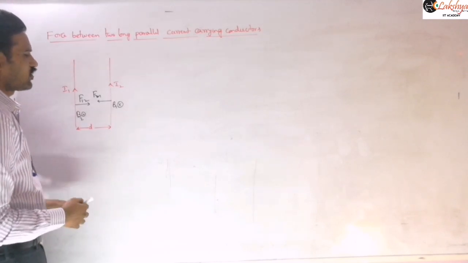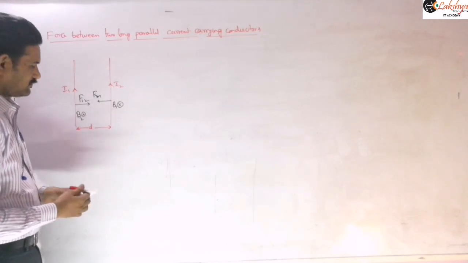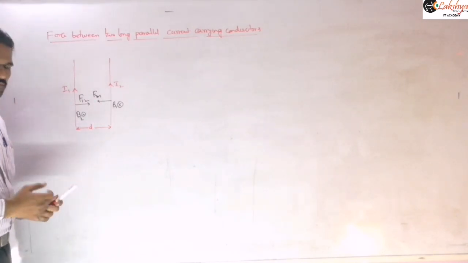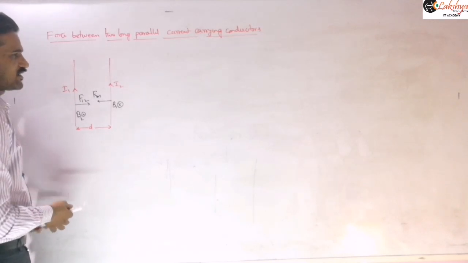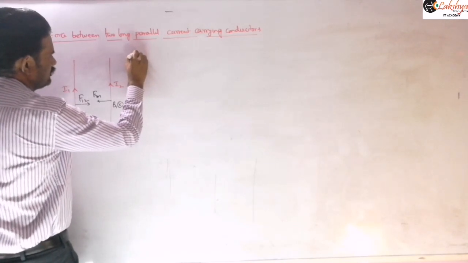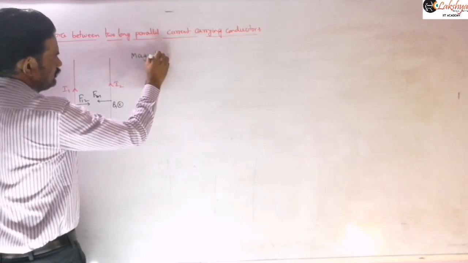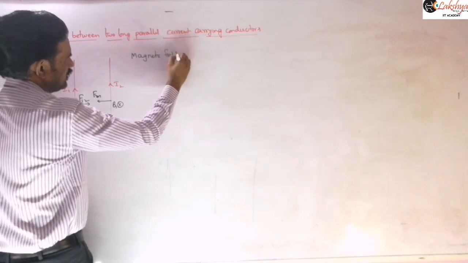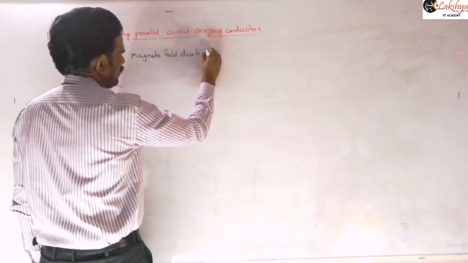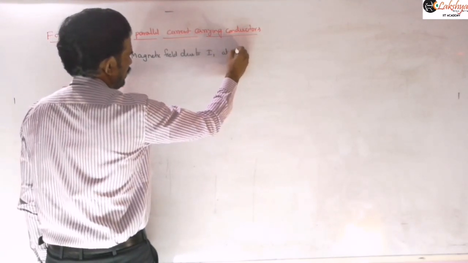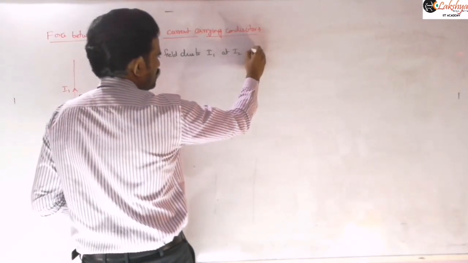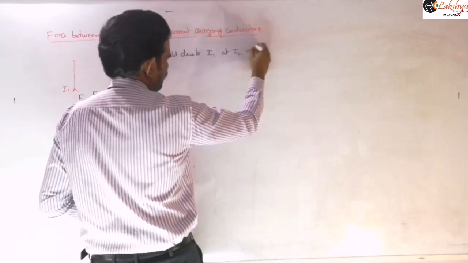Next, let us write all these expressions here: the magnetic field due to the first conductor and the magnetic field due to the second conductor. The magnetic field due to I1 at I2, that means in the region of the second conductor, we are taking as B1.